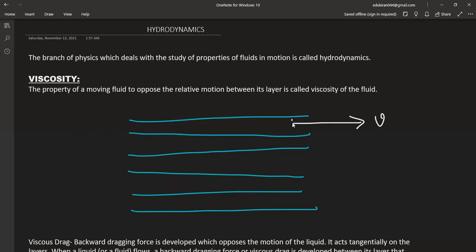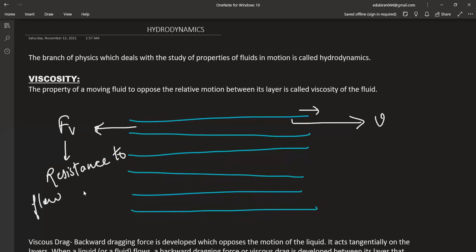See, this layer is moving forward, so a viscous force will be acting in the backward direction, which will be providing resistance to the flow of motion.